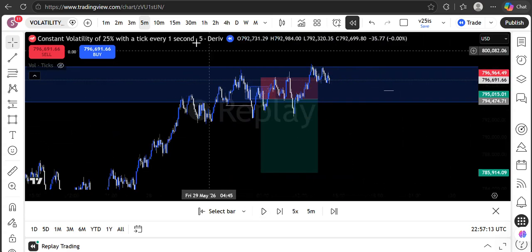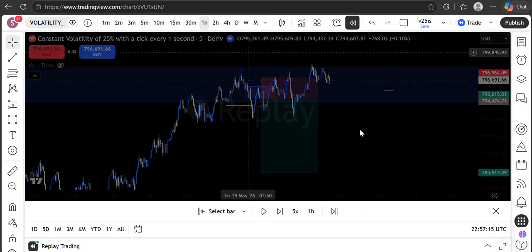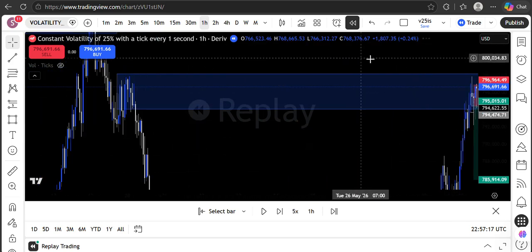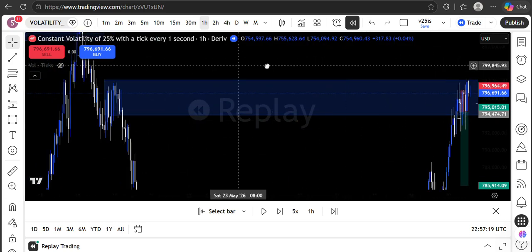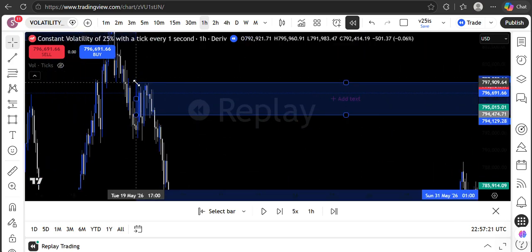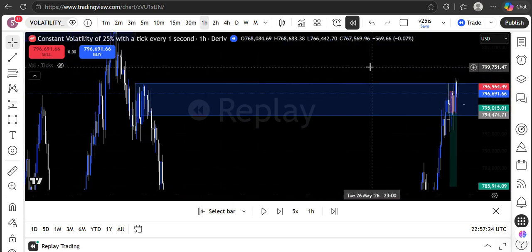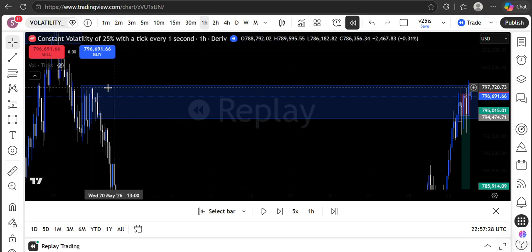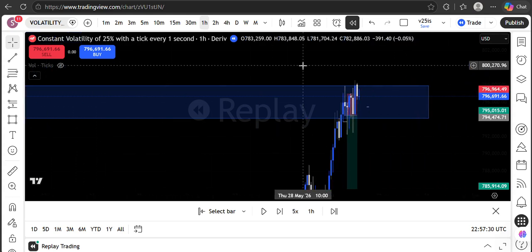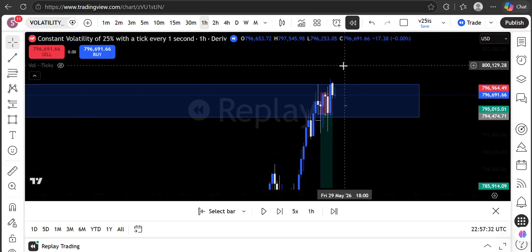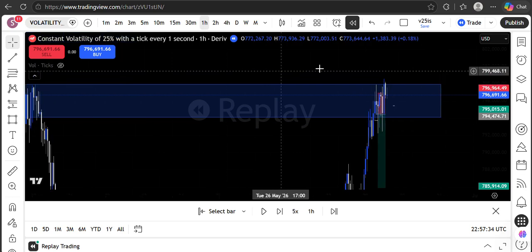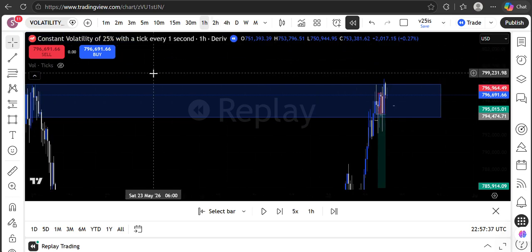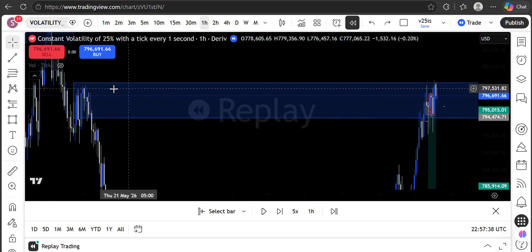Now having seen this, if you were to go back to our 1 hour time frame, we'll see that what actually happened here was a liquidity sweep. Price took out this previous high. This previous high was taken by this candle sweep. So there was no clear candle close above the structure.